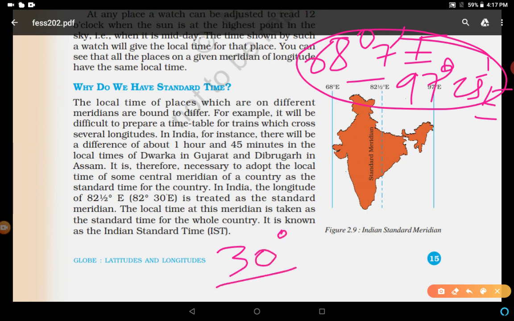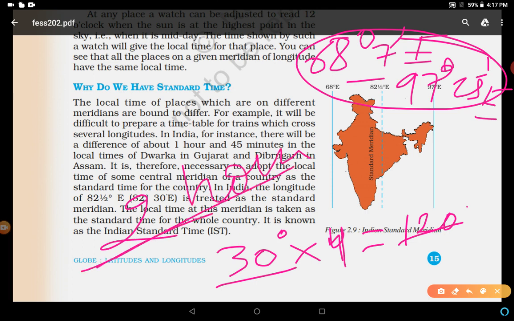So to cross 1 degree it takes 4 minutes, so to cross 30 degrees it will take 120 minutes. 120 minutes means 2 hours. So there is a difference of 2 hours between the easternmost part of Arunachal Pradesh and the westernmost part of Gujarat.